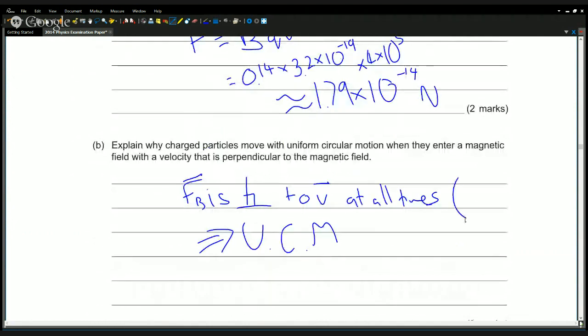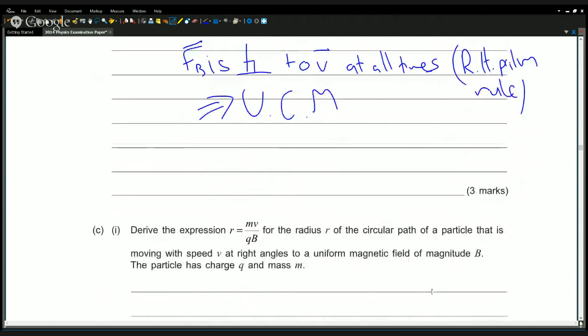Actually, I'll just put a note that the other reference they want for 3 marks is the right hand palm rule. Okay, let's reference that.